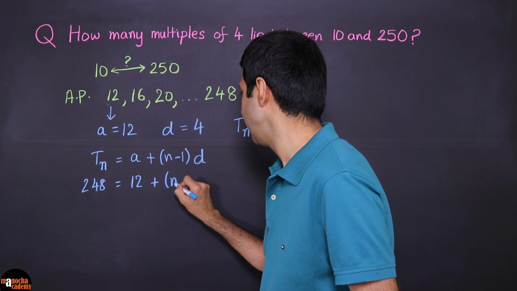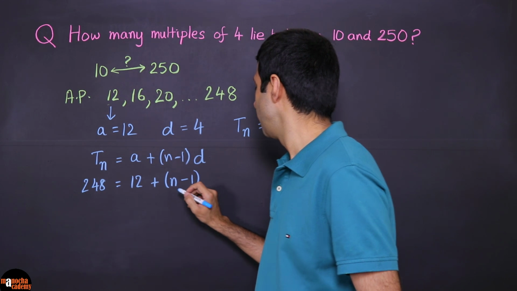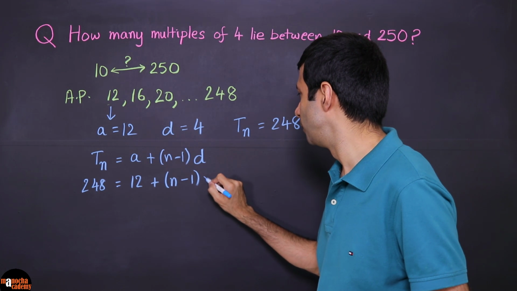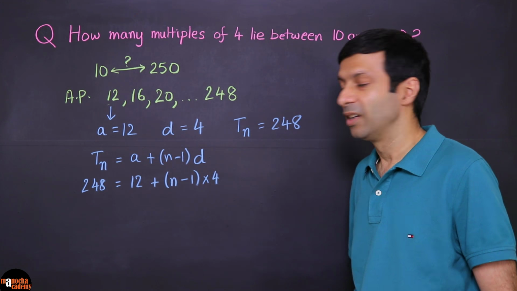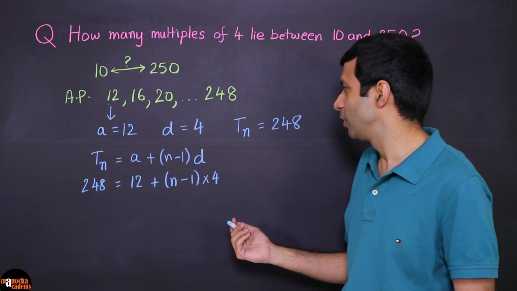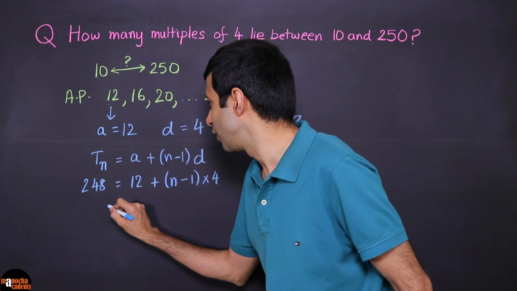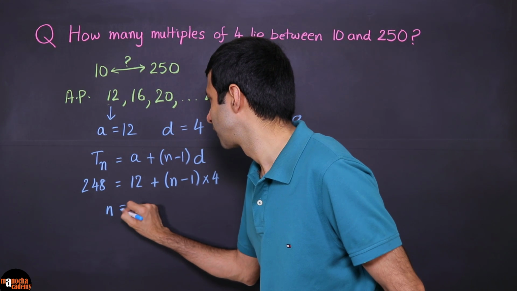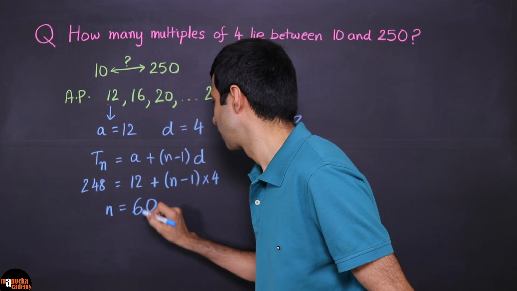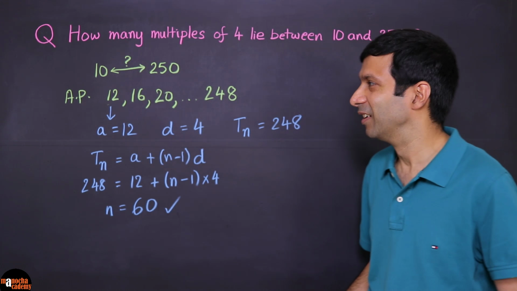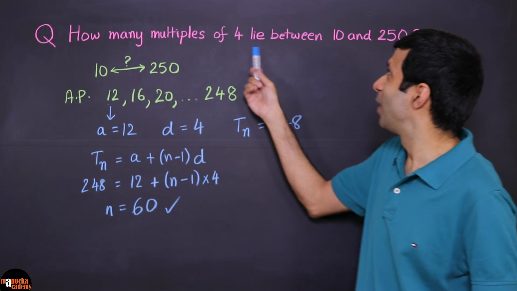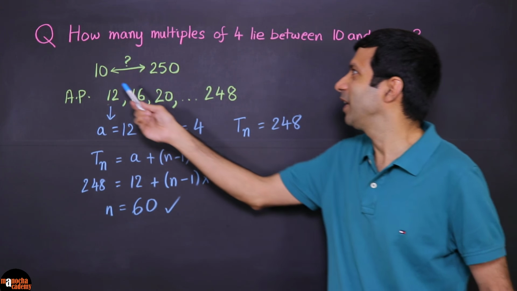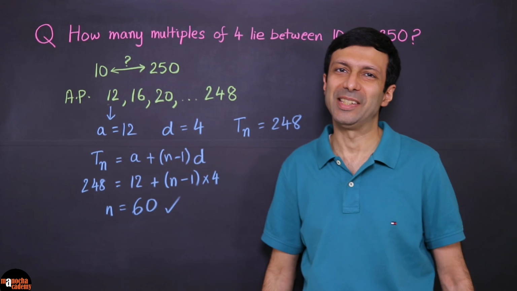So we need to find n, that's our variable here, and d is 4. Okay, so you basically need to solve this equation for n, and if you solve it, you'll get n as 60. So that's our answer, that there are 60 multiples of 4 lying between 10 and 250.